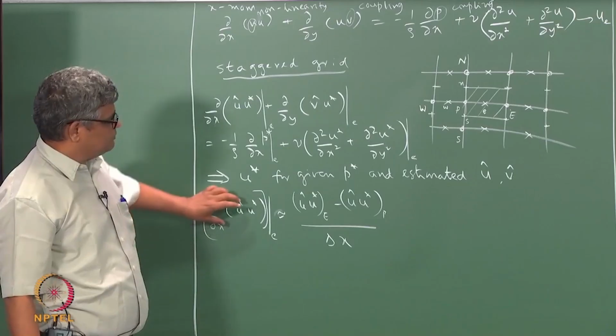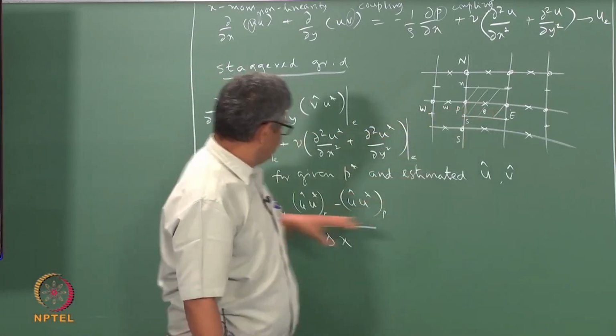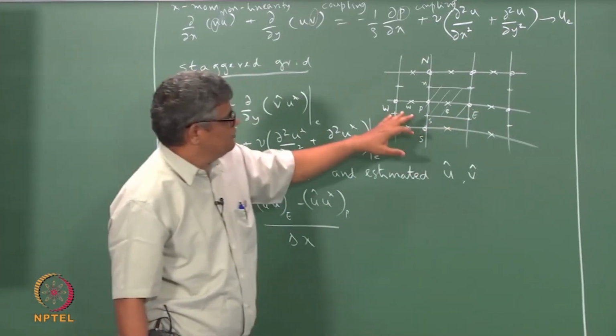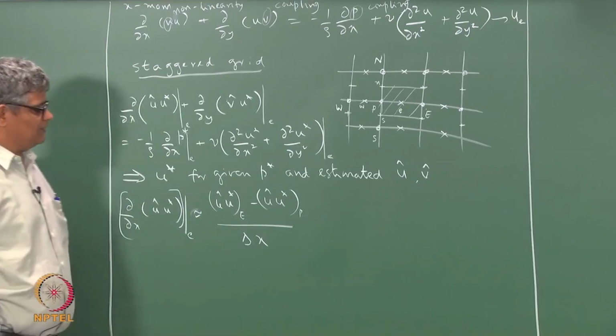So, dou by dou x of this quantity at small e is the value of this at capital E minus the value of this at capital P divided by delta x. This is an approximation here.